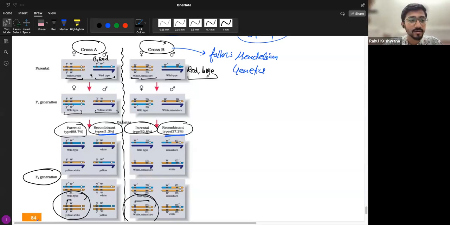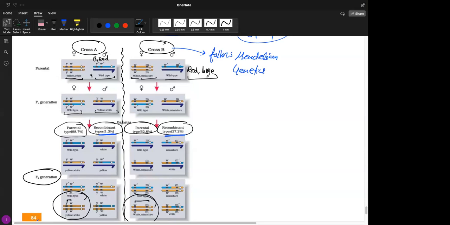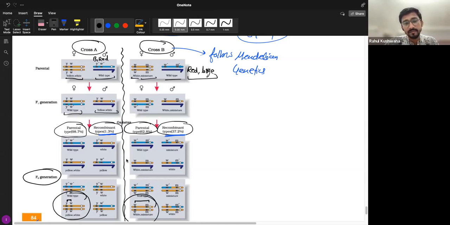That was his contribution to making the genetic map, which is again very important. Yes, you're right that they have also shown the distance here indirectly. This was not figured out by Morgan, but the crosses were done by Morgan.